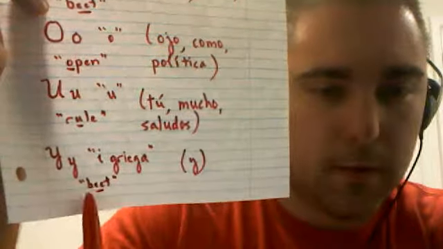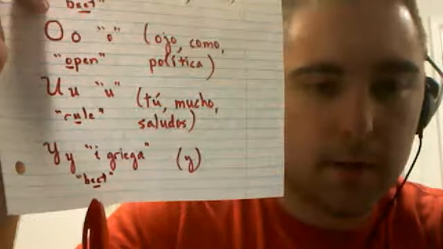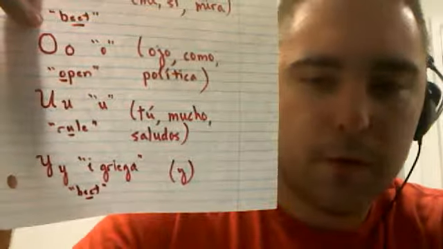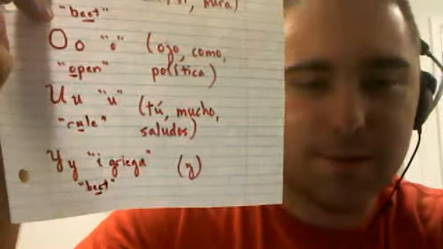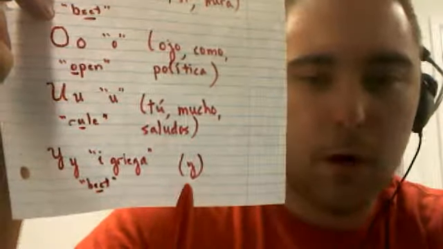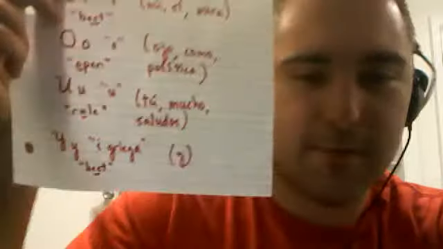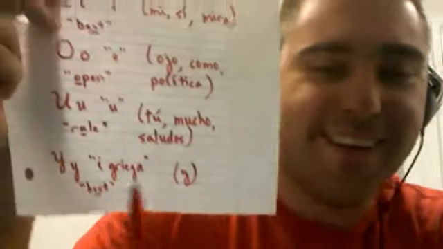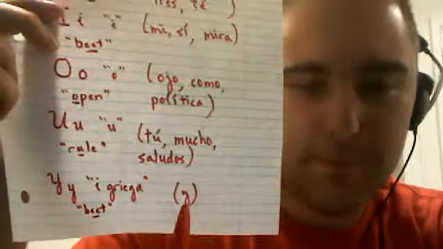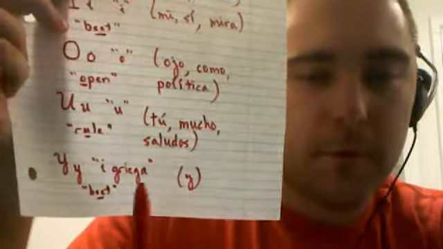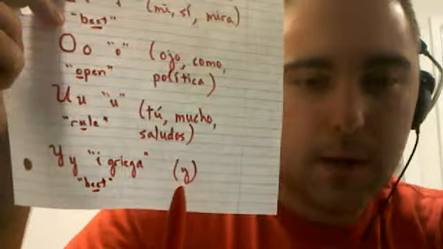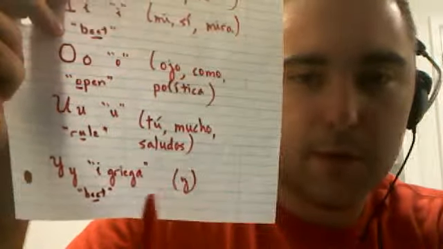So again, it's like in the English word beat, except it's a shorter sound. And for right now, off the top of my head, there's only one word that I can think of in Spanish that uses this sound, and it's the Spanish word y. Now this Spanish word y means and. So even though the letter itself is called ee griega, we say this sound as ee, which means and.